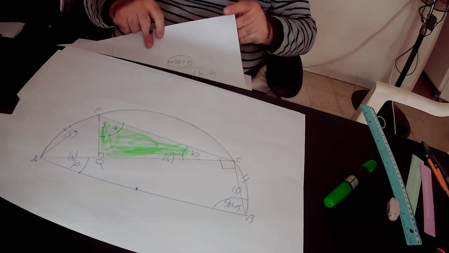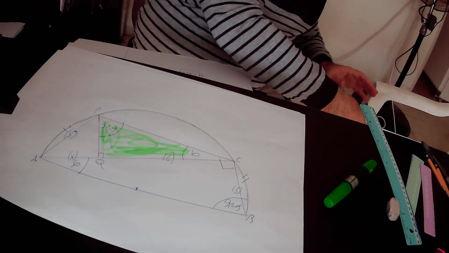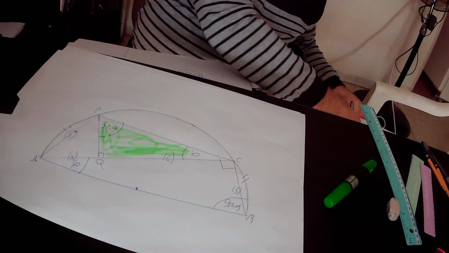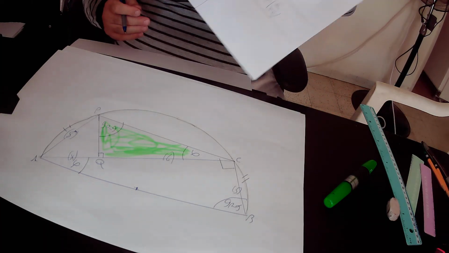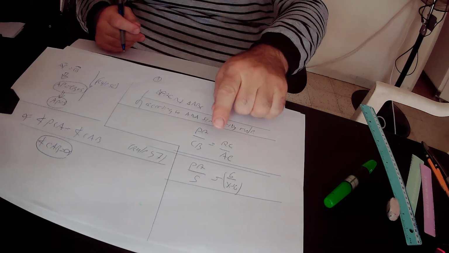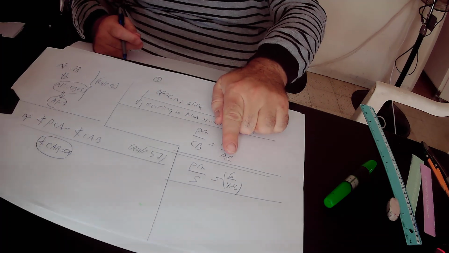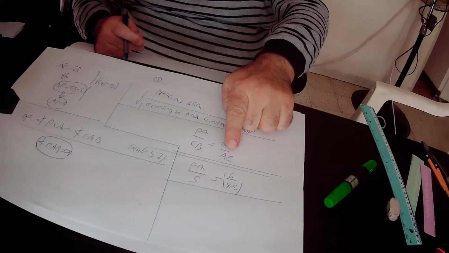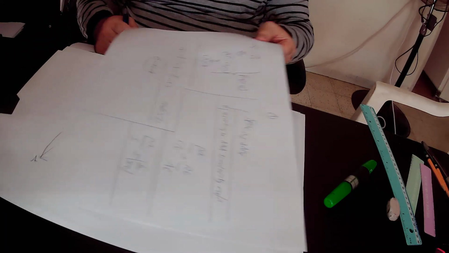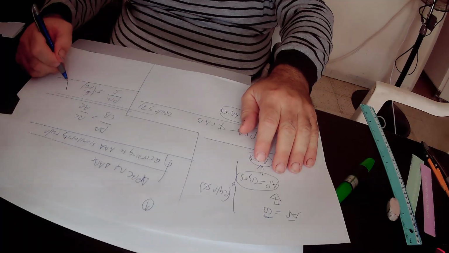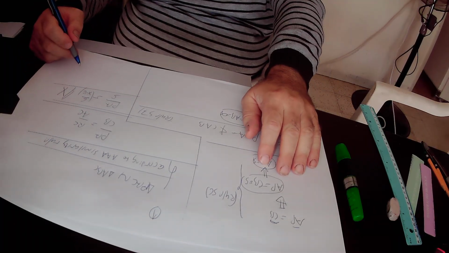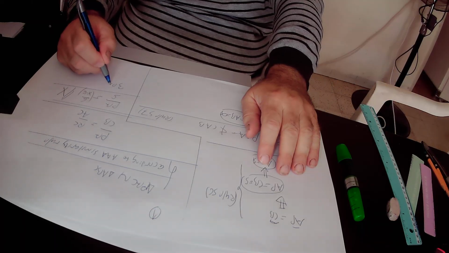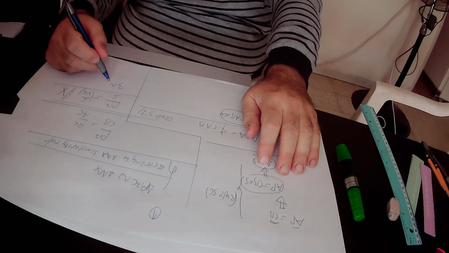So in total, PQ over 5 equals 6 over x plus 6. Here we cross multiply this equation and get that 6 times 5 is 30, so 30 equals PQ.